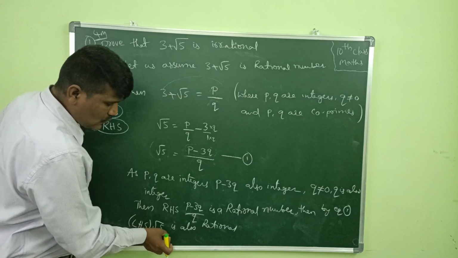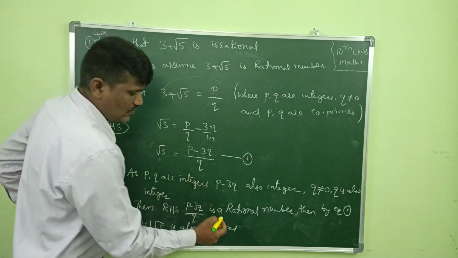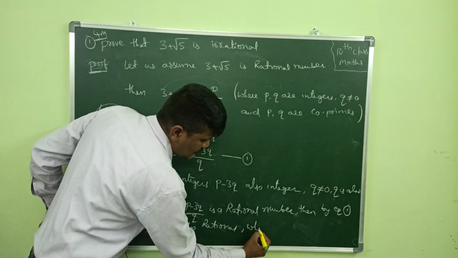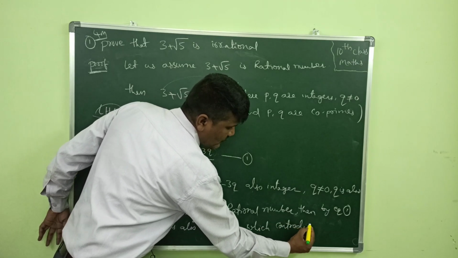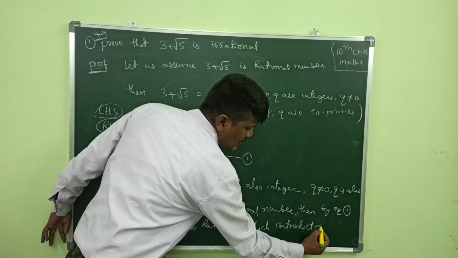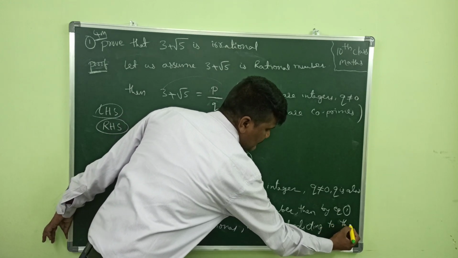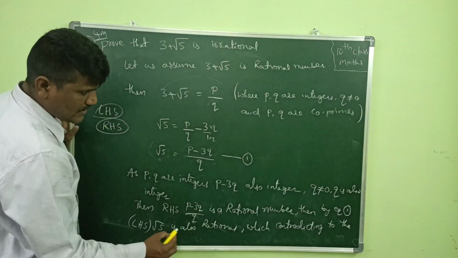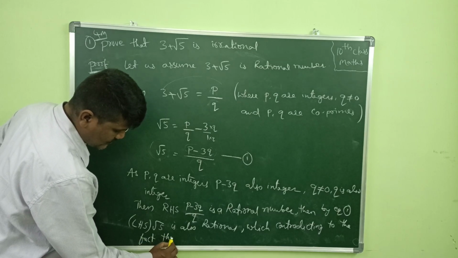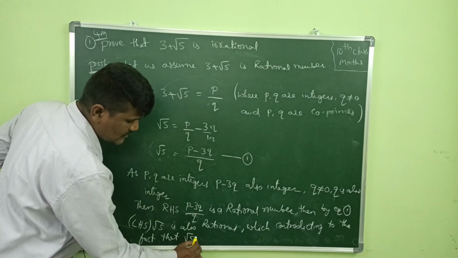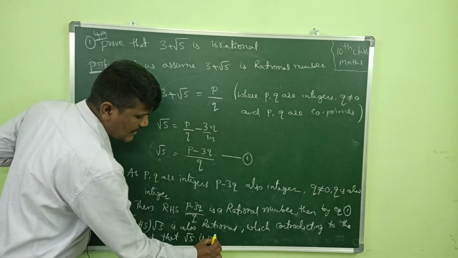Now root 5 is also rational, which is contradicting the fact that root 5 is irrational.